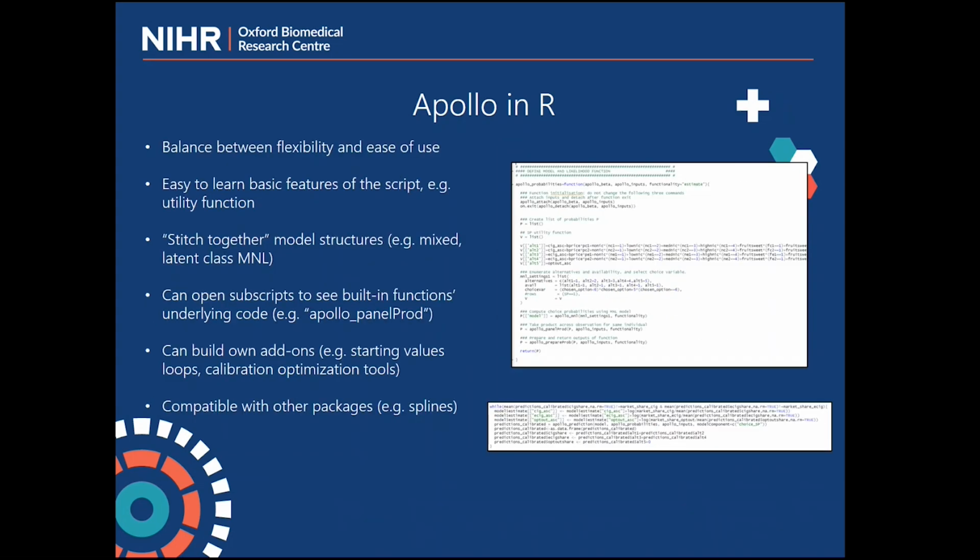So this is, and again, it's probably a bit small, so I apologize if you're like me squinting at it now. But what's nice about Apollo is it has this balance between flexibility and ease of use. So it's not the easiest thing in the world to learn or to get to grips with, but once you've learned the basics, it's very, very easy to then start to use it a little bit more intensely if you want to. But getting hold of the basics isn't that hard, and the basics are perfectly easy to run as well.